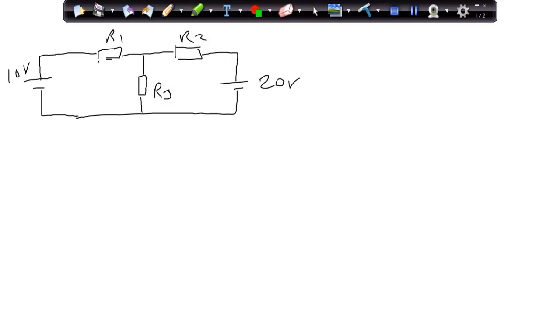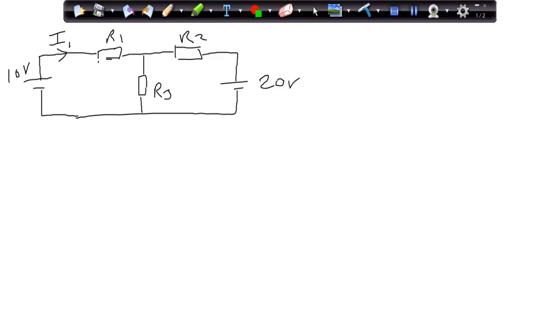Now, if we consider current flows here, the way I always look at this is if the voltage appears to be pushing the current clockwise, let's say that's true. It might not be. If it turns out that we're wrong, all that will happen is we'll get a negative answer for that current.